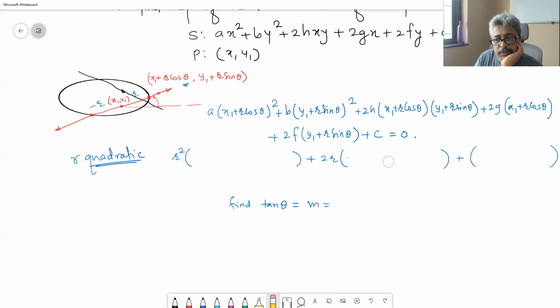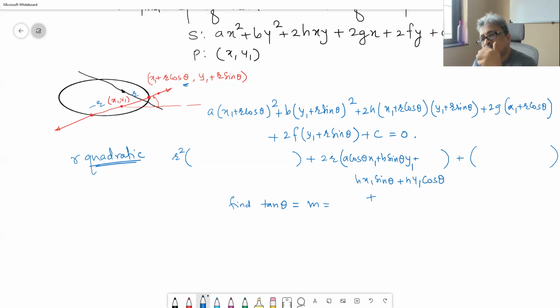So a cos theta x1 plus b sin theta y1, plus h x1 sin theta plus h y1 cos theta, plus g cos theta plus f sin theta. This is the bracket, which should be 0.